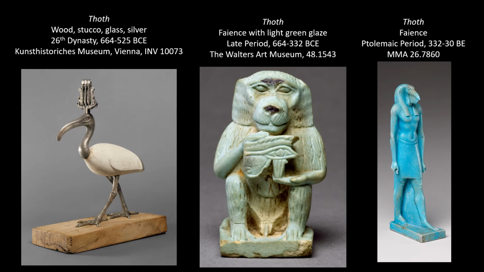In depictions of Thoth, the god of scribes, learning, and writing, there's considerable overlap in when he is depicted as the ibis bird or the baboon. In hybrid form, Thoth is always represented with an ibis head and a human body.